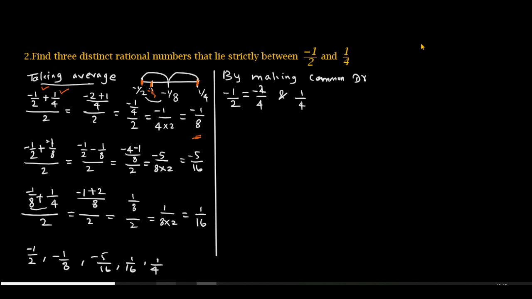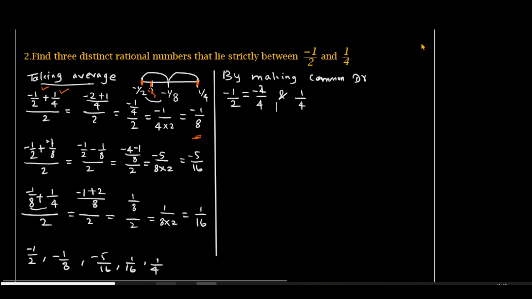Now take a common number and multiply both numbers. I am going to take 3. That is minus 2 into 3 divided by 4 into 3, and 1 into 3 divided by 4 into 3. Both numbers are multiplied with the common number. That is minus 6 by 12 and 3 by 12.